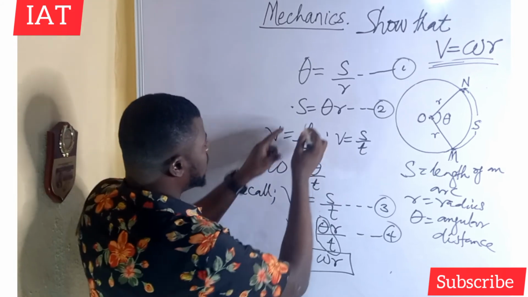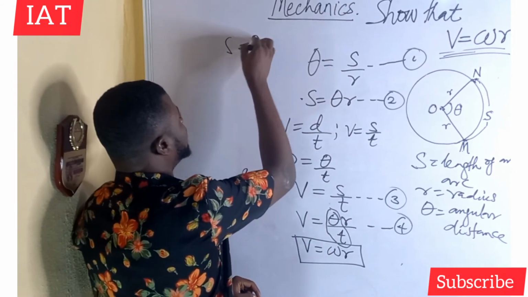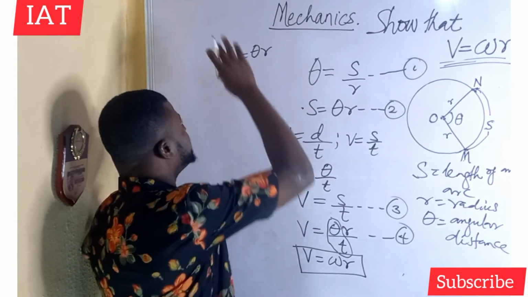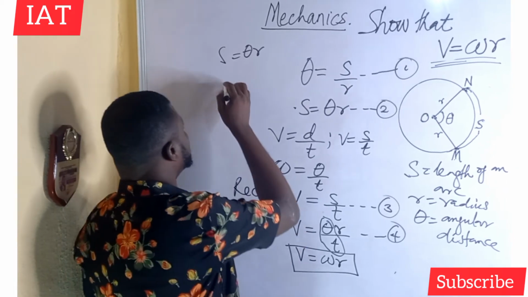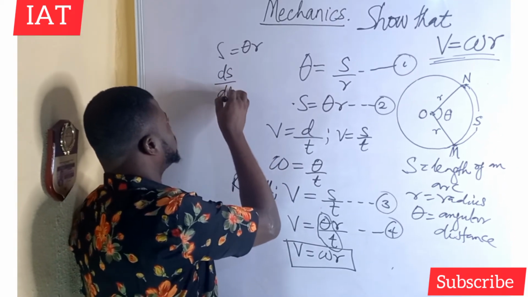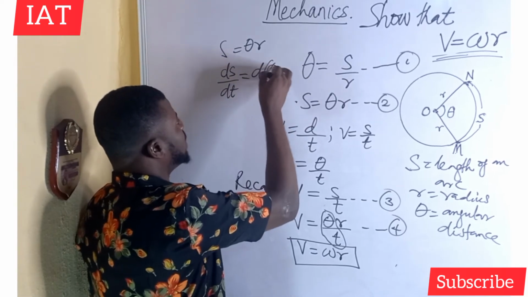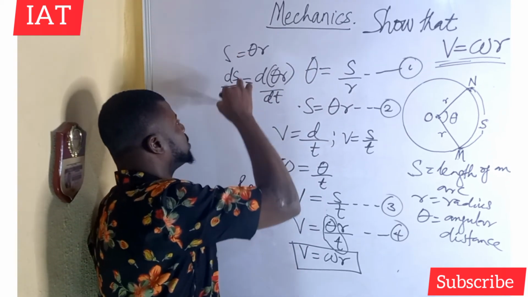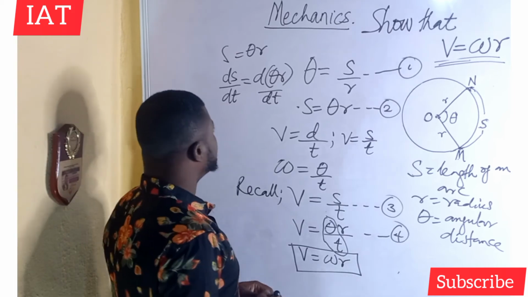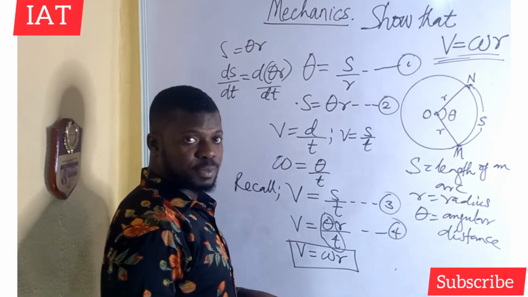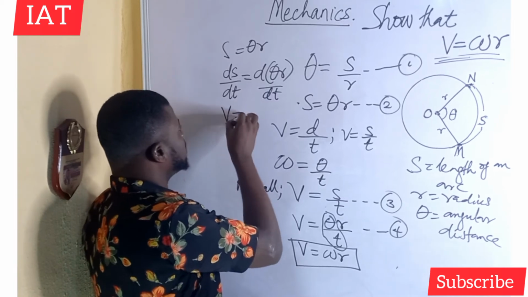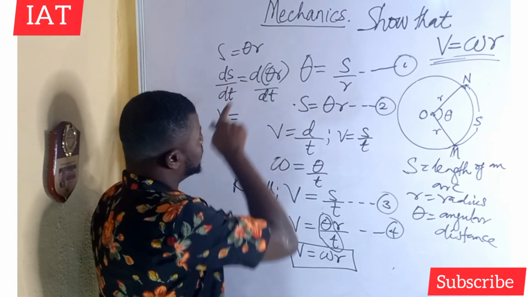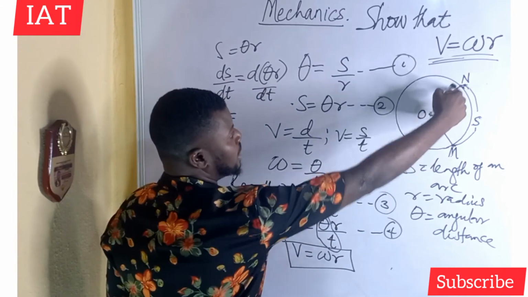Alternatively, since we have S equal to theta r, I could take the differential form of this expression. I can differentiate both sides with respect to t. On the left hand side, the differentiation of S with respect to t gives us the definition of velocity, as a change in displacement with respect to time. So in place of this, I can replace it with v. On the right hand side, I can't differentiate the radius because the radius is constant at all points.